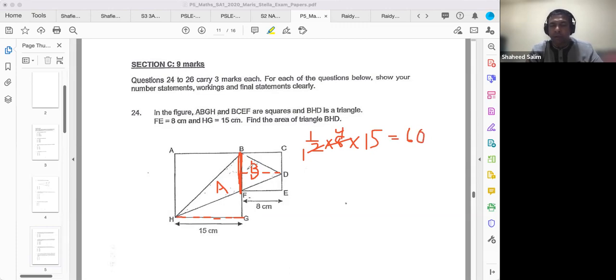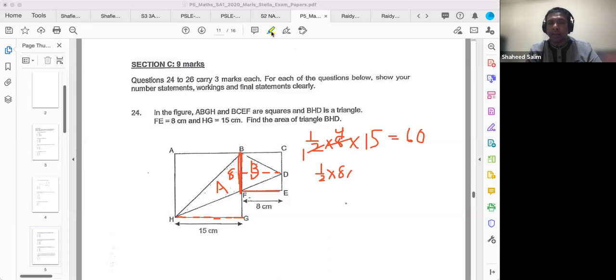Now B. The height is 8 also. Can you see B down here, this triangle? The base is 8. The height is also 8. Why? Because the height is the same as this one. So half times 8 times 8.